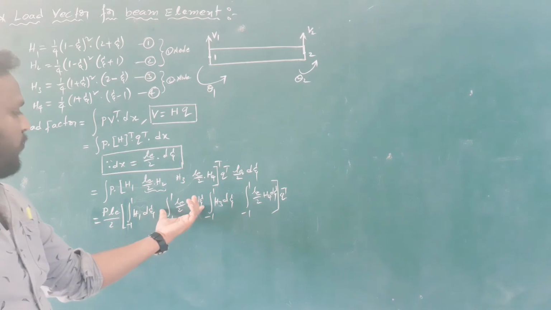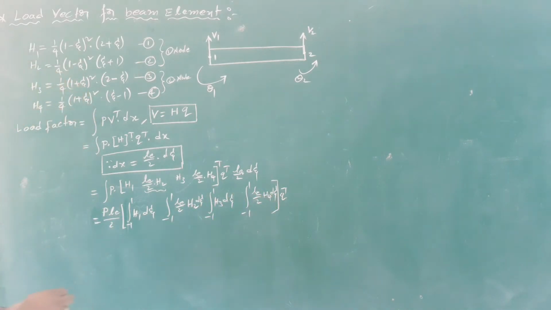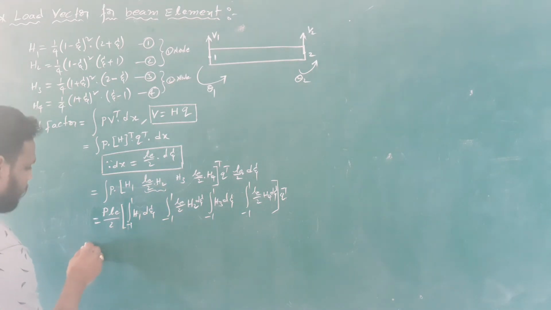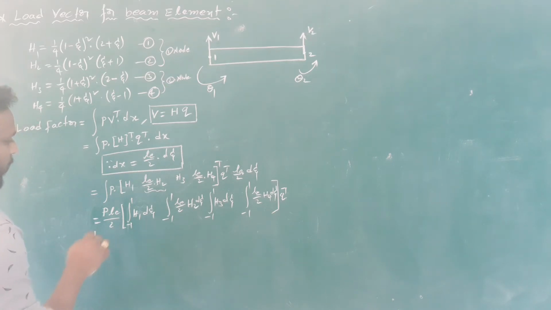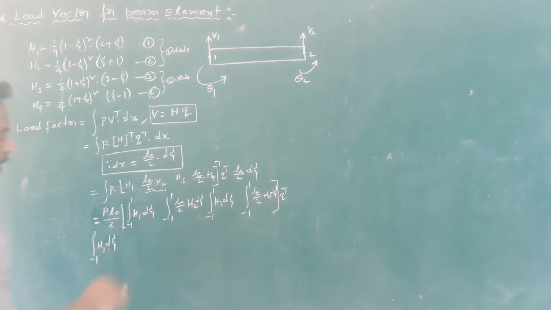Next this component, then the next component. Now I am taking only this component: first component, integral of minus 1 to 1 h1 into dz.